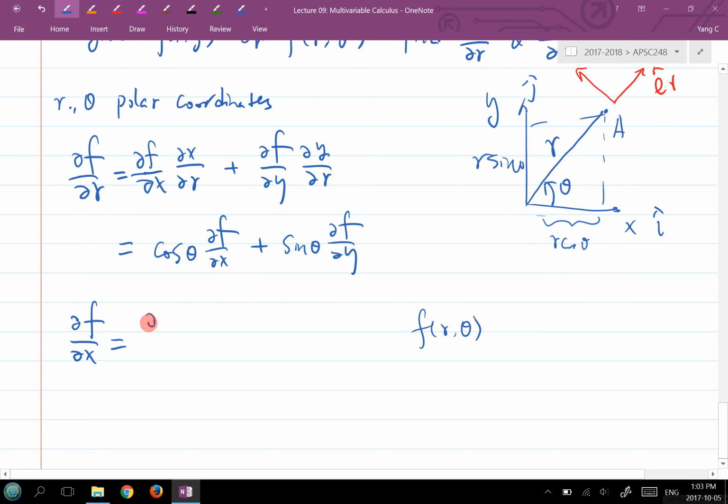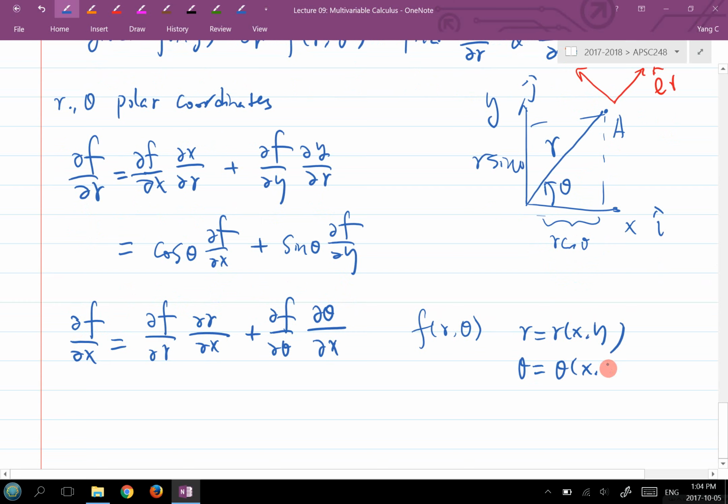This time it is partial f over partial r times partial r over partial x, plus partial f over partial theta times partial theta over partial x. Same way of applying the chain rule. Here r is a function of x and y, and theta is a function of x and y. Is that good?